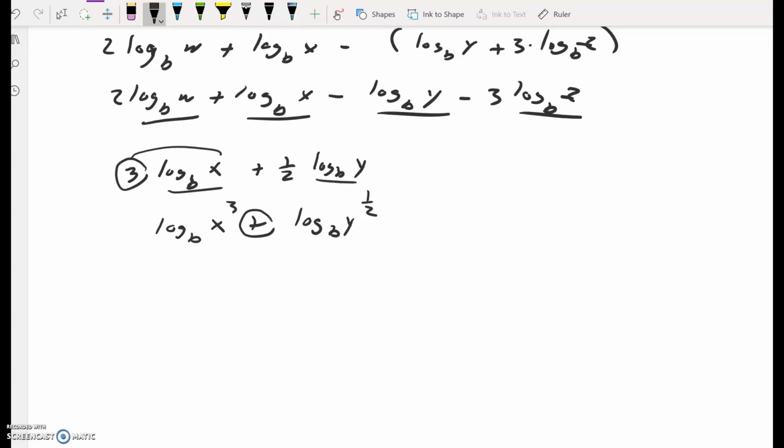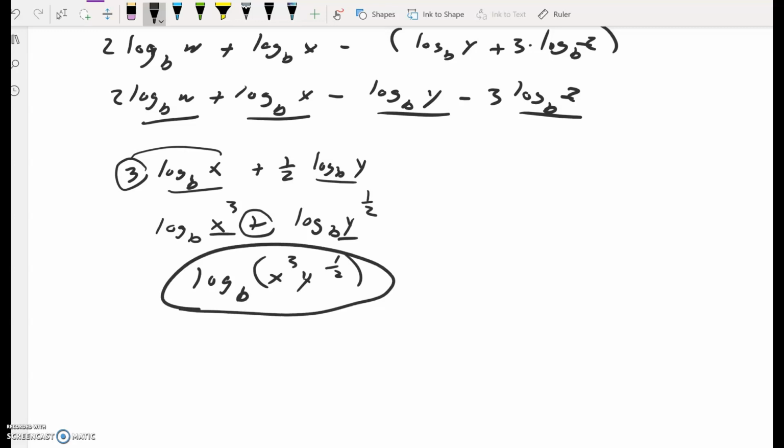Then this plus could be written as the logarithm base b of the product of these two things, because we know we can go from the logarithm of a product to the sum of the logarithms. That means we can go from the sum of the logarithms to the logarithm of the product, and now we've gotten this quantity written as just one logarithm. So back and forth, back and forth. It's good practice on the properties, really good practice on the properties. But these problems aren't accomplishing too much. Let's do one last problem in this section.